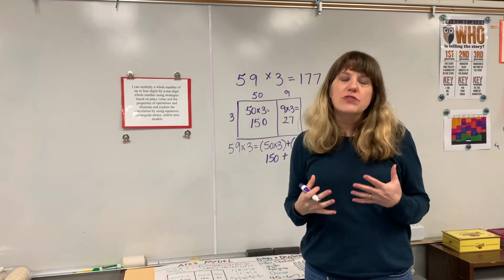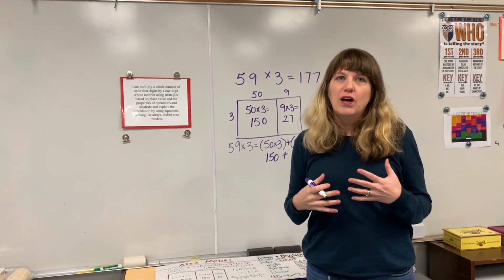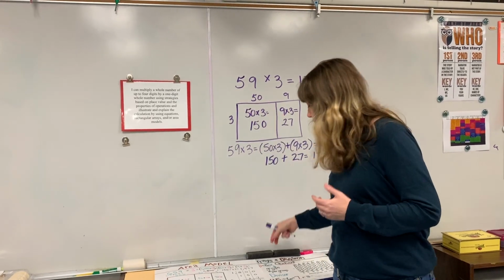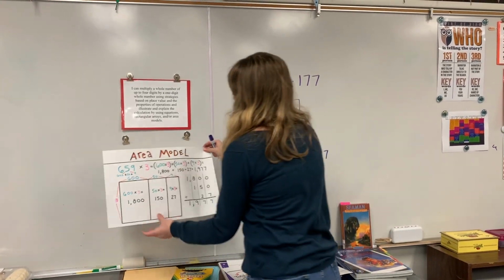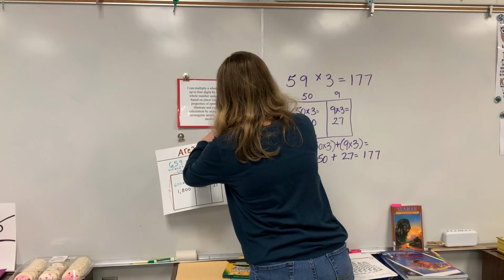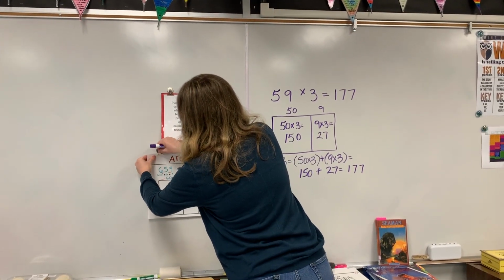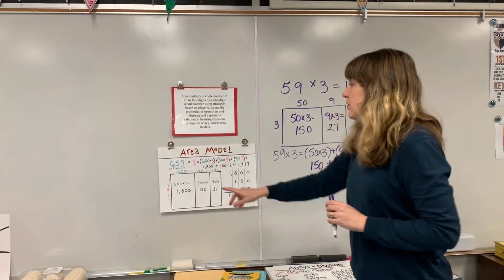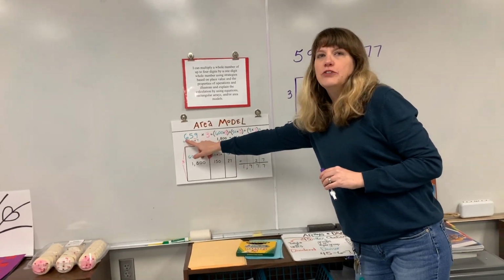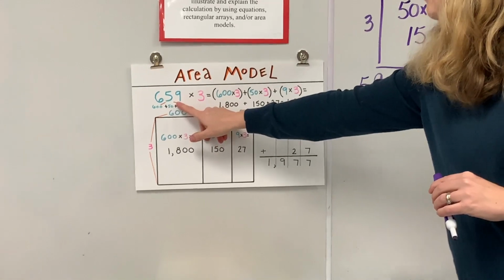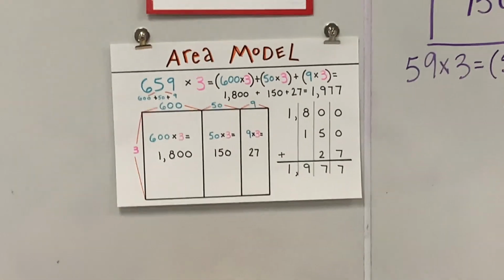We can use this strategy with more than just 2 digits. Here is an example of what happens when you add hundreds to the first factor that you're multiplying.